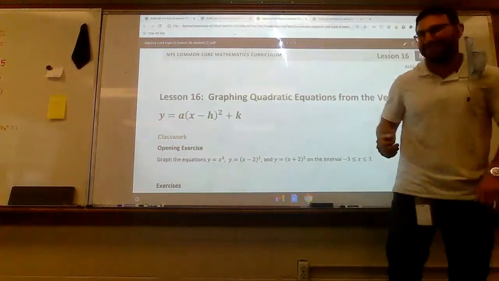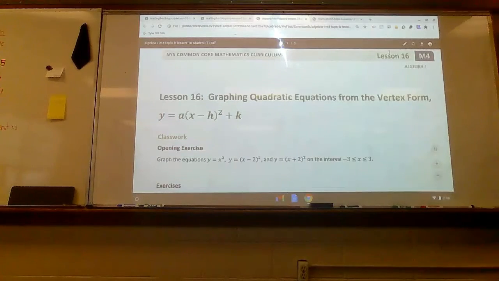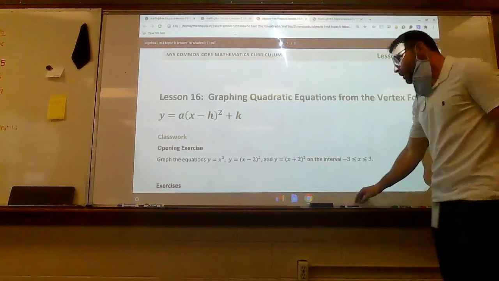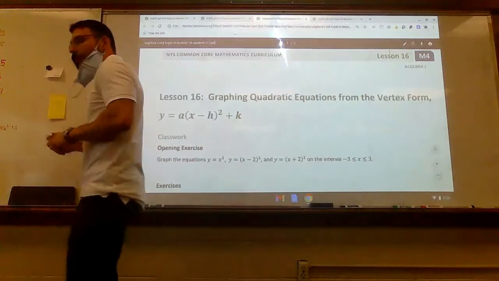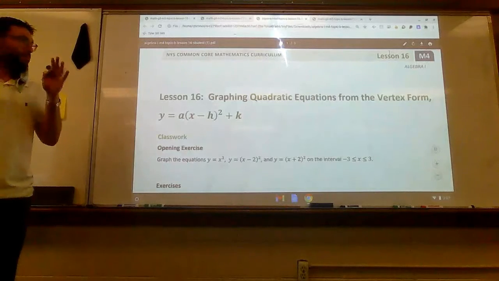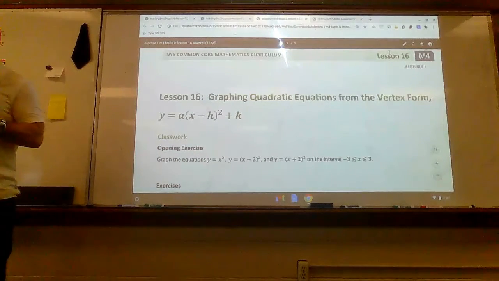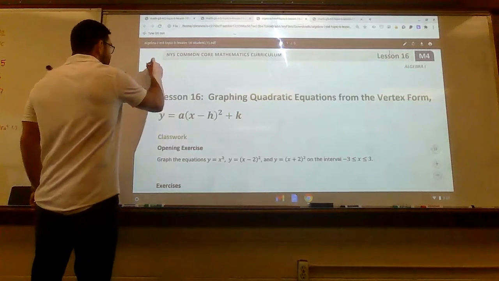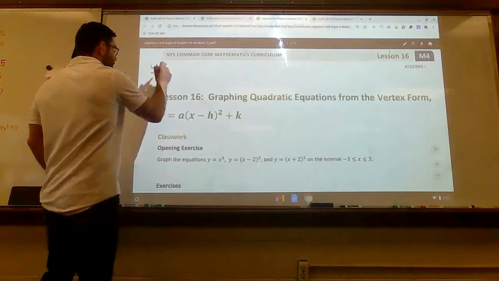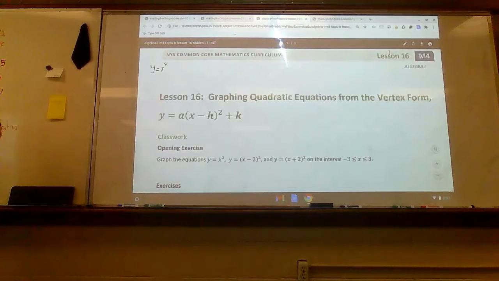I'm sorry. So you're able to find the vertex, okay? So here's what we need to understand. The most basic quadratic, the parent function of the quadratic, is y equals x squared. If you want to copy this down, great. If not, I've actually already shown you the parent function before.